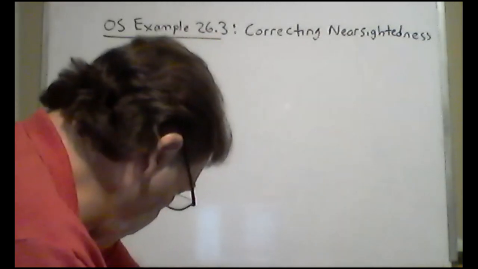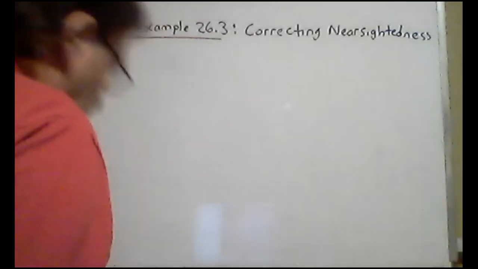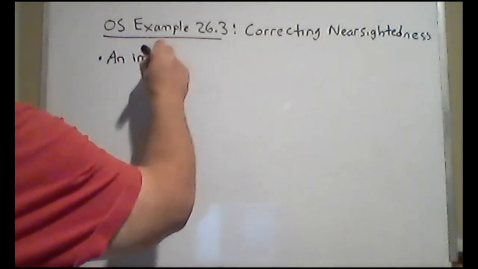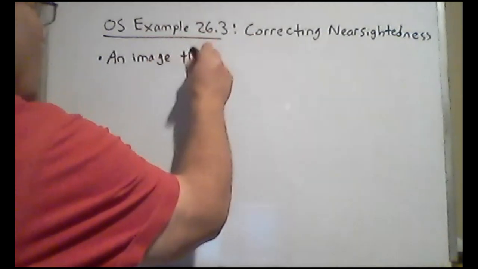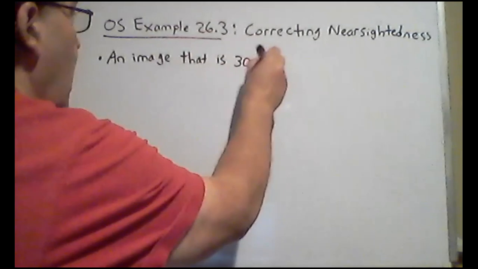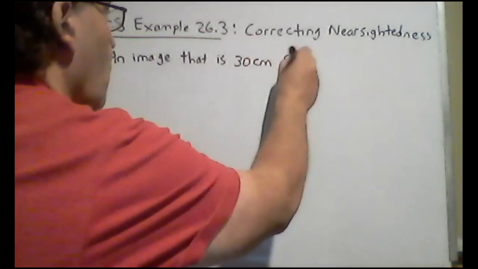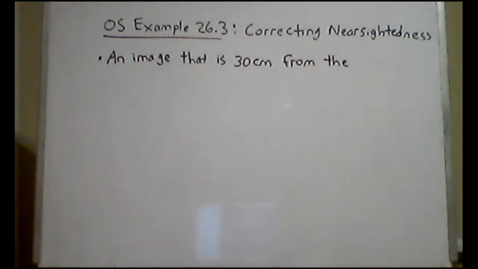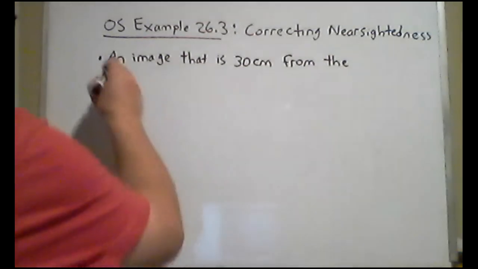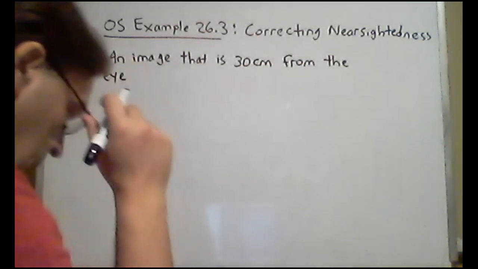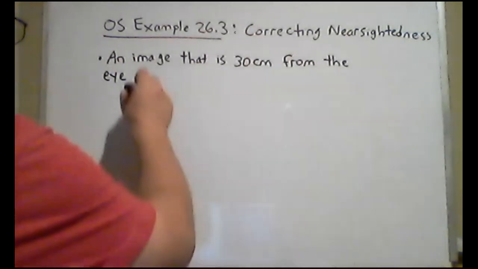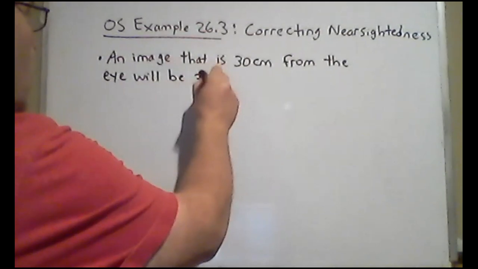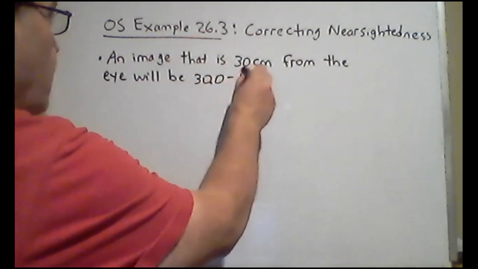An image that is 30 centimeters from the eye, remembering we have eyeglass frames, will be 28.5 centimeters. So it'll be 30.0 minus the 1.5.